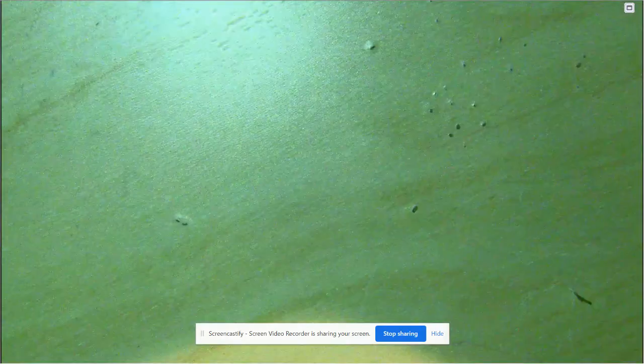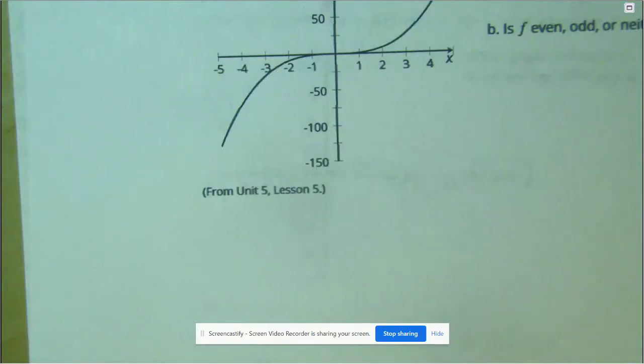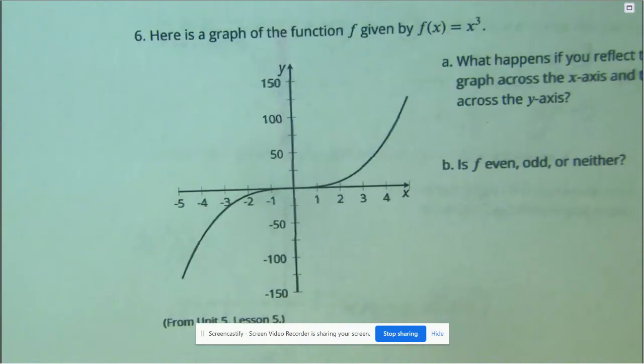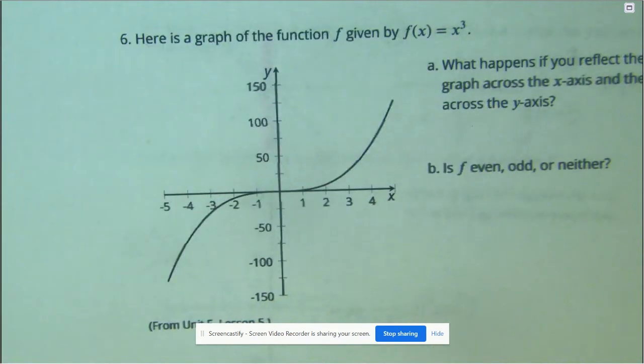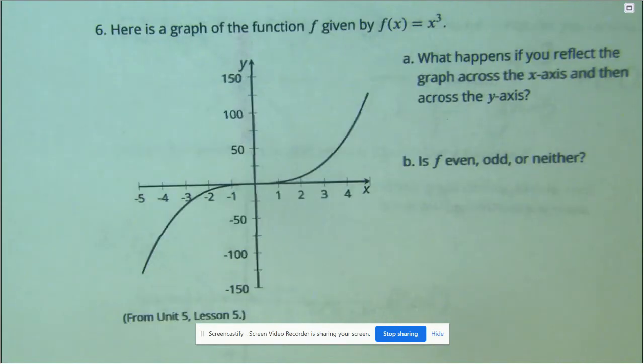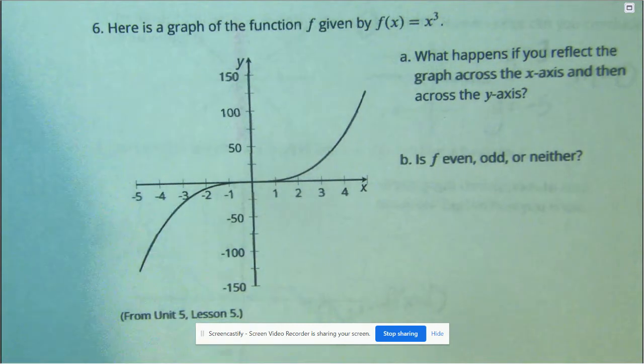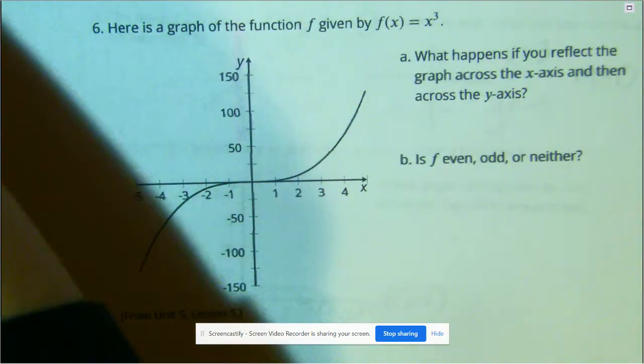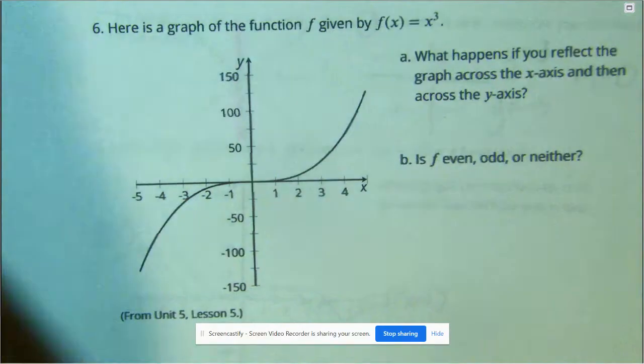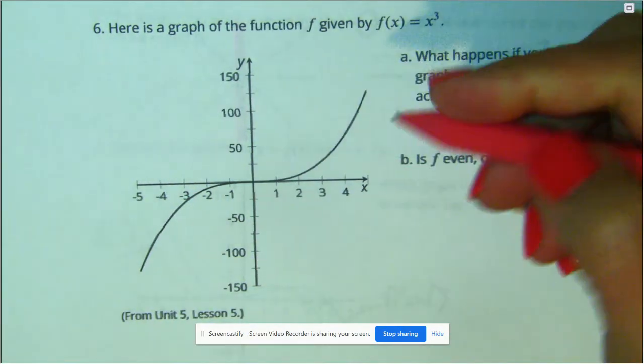All right. Last one. Number 6. Here is a graph of the function given by f of x equals x to the third. What happens if you reflect it across the x and the y? Now, Miss Austin has a little bit of a cheating advantage here because I have some tracing paper. I mean, you could also just pick a point.